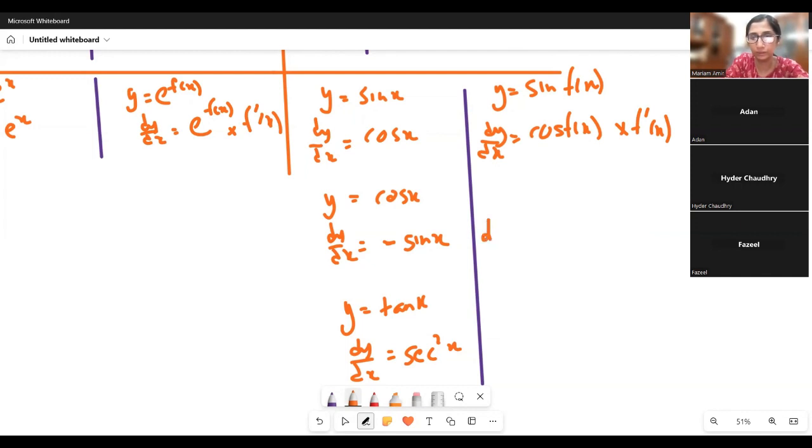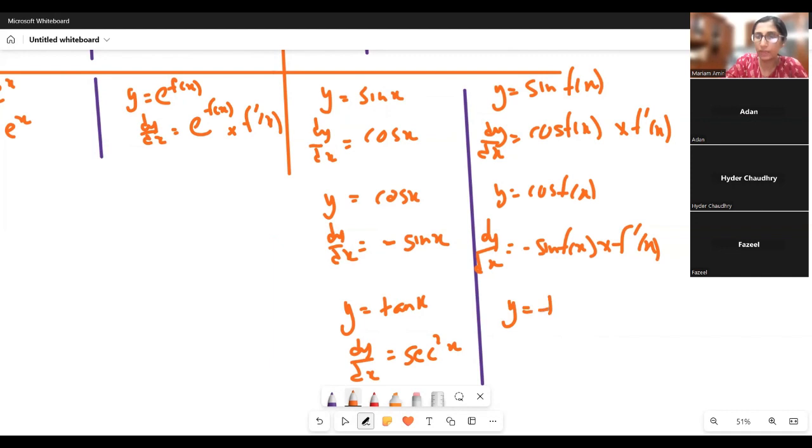Similarly, if you have cos f(x), then the derivative of this is minus sine f(x) times f prime x. And if you have y equals tan f(x), then the derivative is secant square f(x) times f prime x.